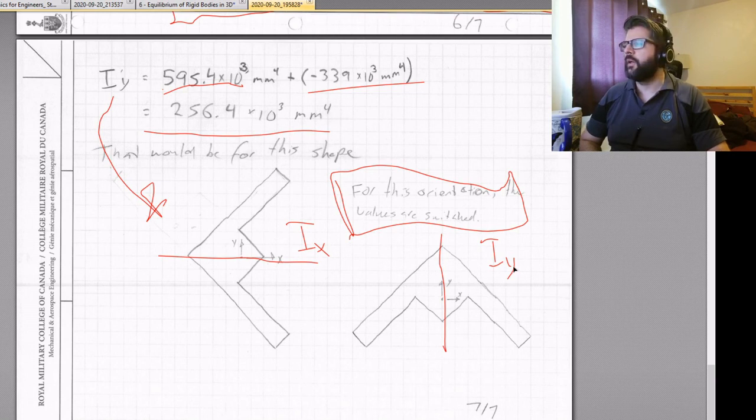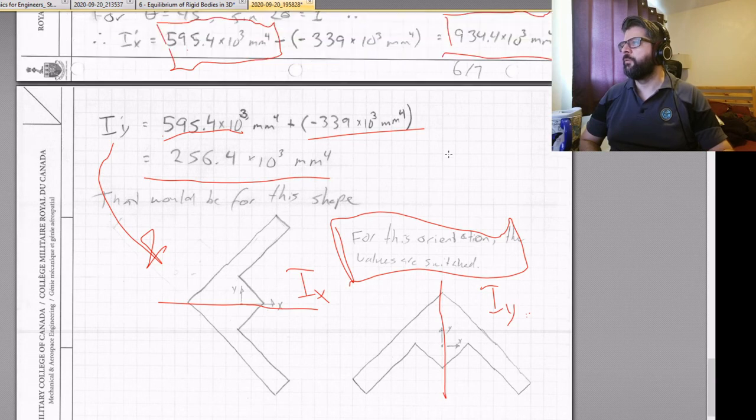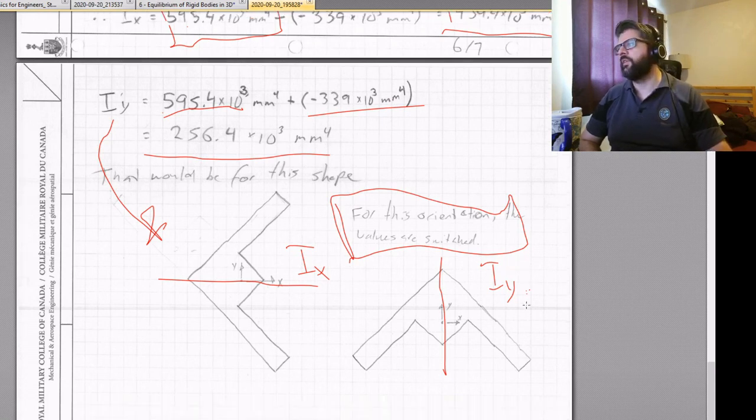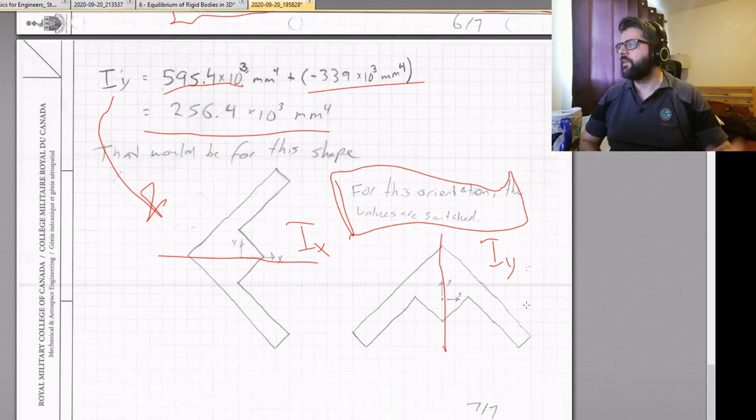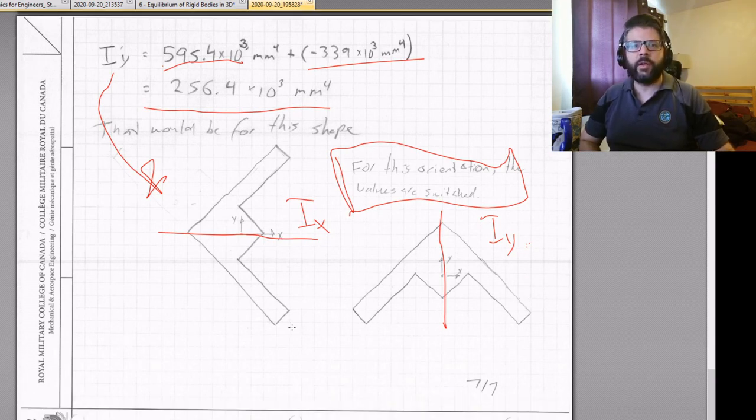Our Iy in this situation would be the 934 times 10 to the 3 millimeters to the 4th. So that gives us our values at our prime axes. Yay! Hey, we're done.